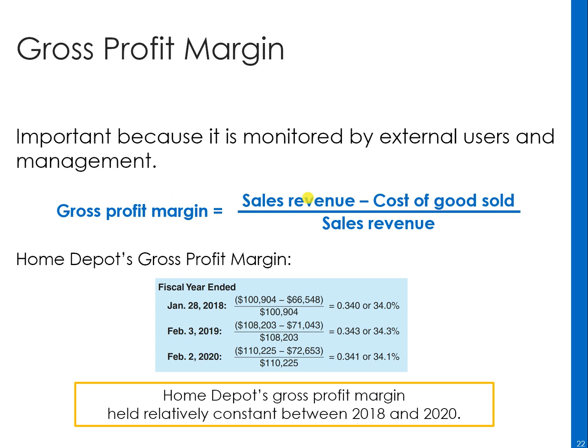Gross profit equals sales less cost of goods sold, divided by sales again, which gives us the gross profit margin. Usually this is determined by the business or industry. For certain industries, gross profit margin will be higher, and for others, like grocery stores, the gross profit margin will be lower.